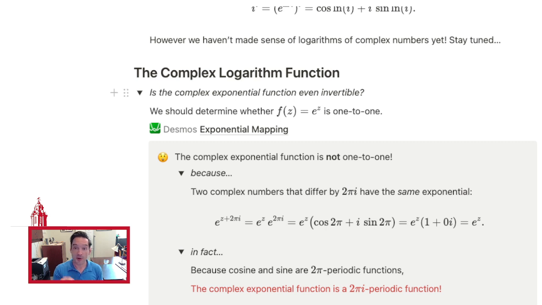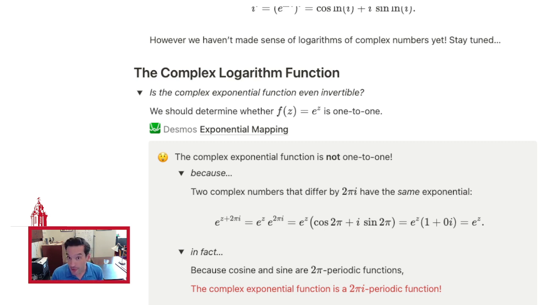It's just that the period of the complex exponential function is an imaginary period, 2 pi i. That's why when we were just looking at the real version, what this function does on the real axis, we didn't notice that it was not one-to-one, because it was one-to-one on the real axis. But once we expand our vision into the complex plane, now we have a 2 pi i periodicity that makes the complex exponential function very much not one-to-one.